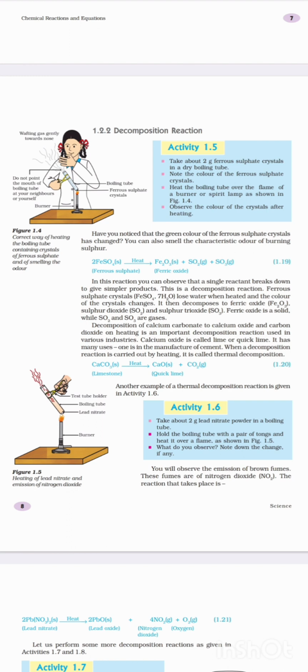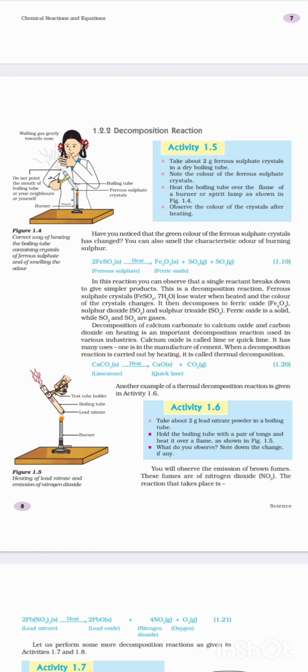Ferrous sulfate when heated gives ferric oxide Fe2O3, sulfur dioxide and sulfur trioxide respectively. That is, this ferrous sulfate gives three products here.